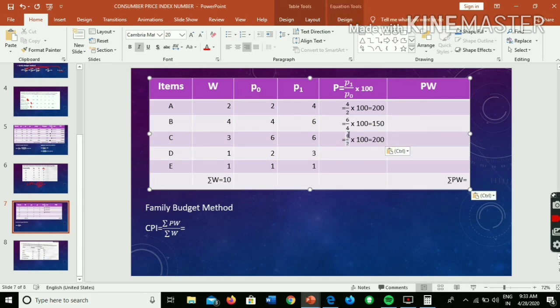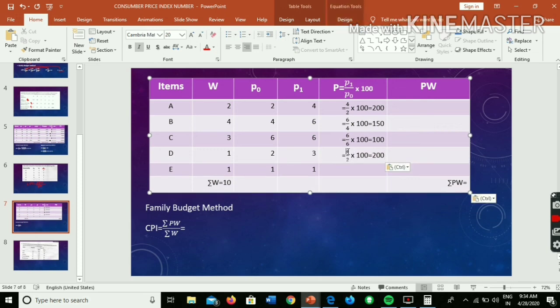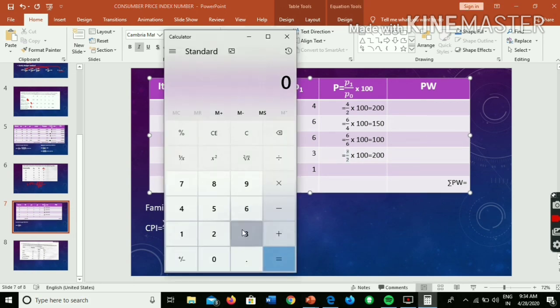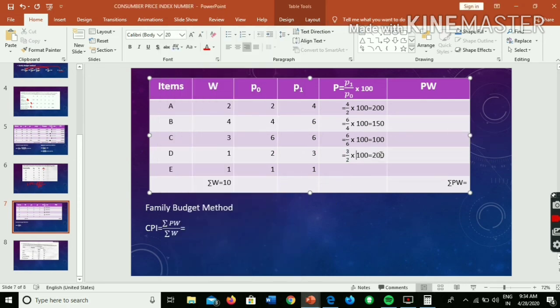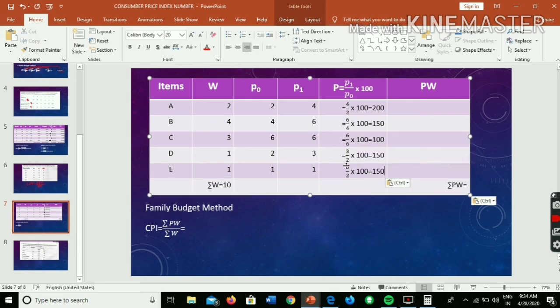Next, 6 divided by 6, which gives 100. Next, 3 divided by 2 into 100, which gives 150. So next, 1 divided by 1, which gives 100.